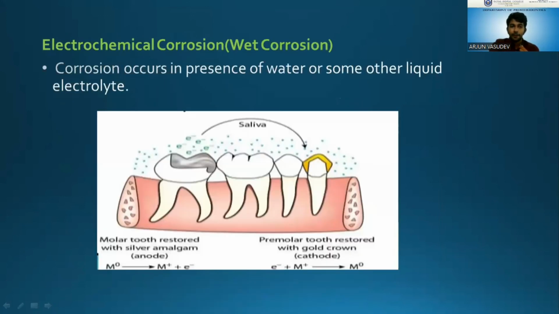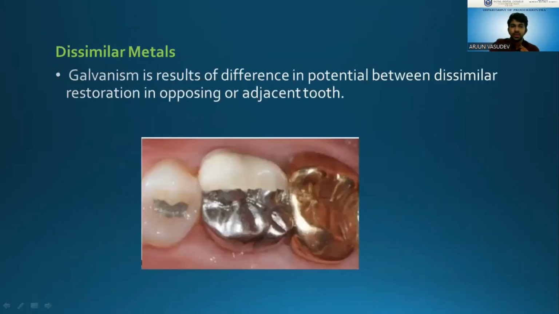halogenation reactions. Electrochemical corrosion or wet corrosion: corrosion occurs in the presence of water or some other liquid electrolyte. In the mouth, saliva acts as the electrolyte, and the materials are amalgam, crowns, or exposed metal areas. Now, dissimilar materials.